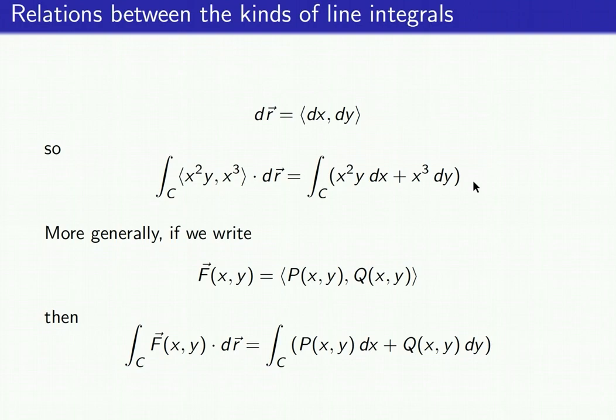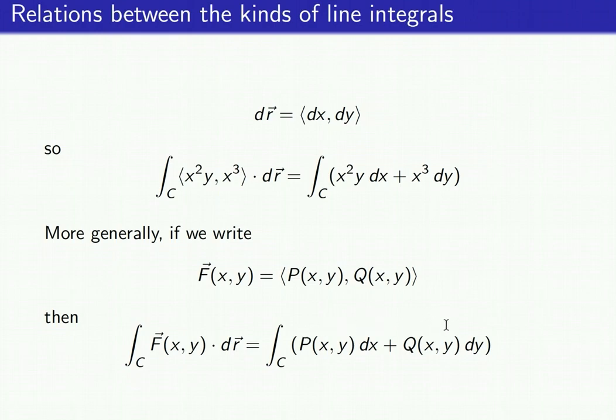So, more generally, if we write f, the vector field, as having an x component p and y component q, I can rewrite this f dot dr as this kind of integral. So an integral of f dot dr is actually an integral of p dx plus q dy.